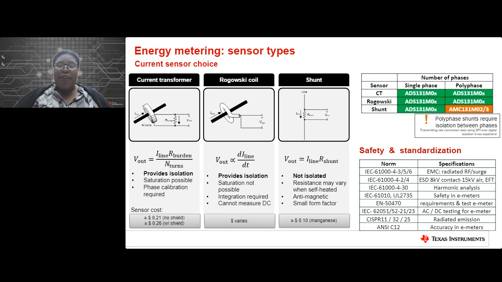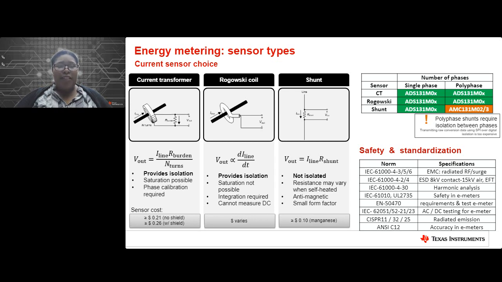So for metering, there are three different types of sensors that are commonly used. The first is the current transformer, or also just called CT. This one is phase calibration. There's also Rogowski coil, which is very similar to the current transformer, however, also has inherent isolation.